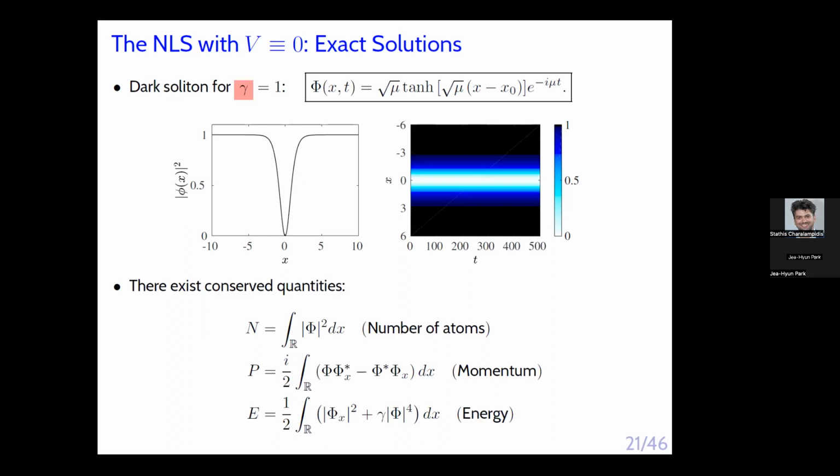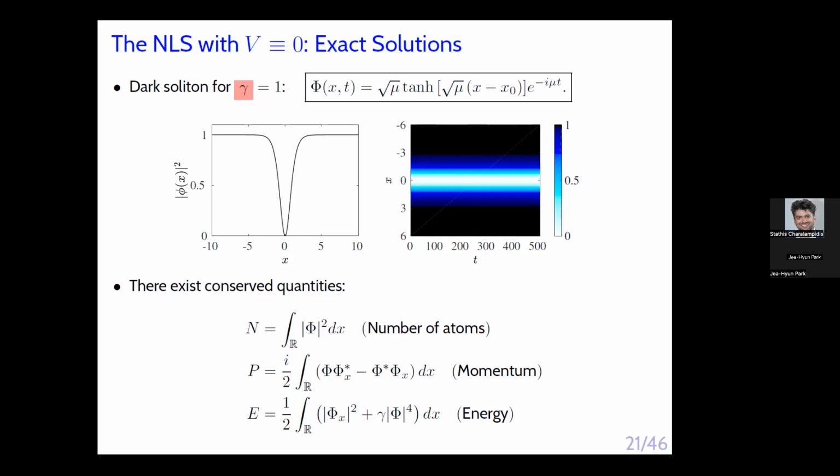If you graph the spatial part of the solution, it has this form, and you can think of this as having atoms here, atoms there. There is a density dip in the middle, so there is a dark spot, if you like. That's why people call it the dark soliton. It's also a stable solution in the course of the time propagation.